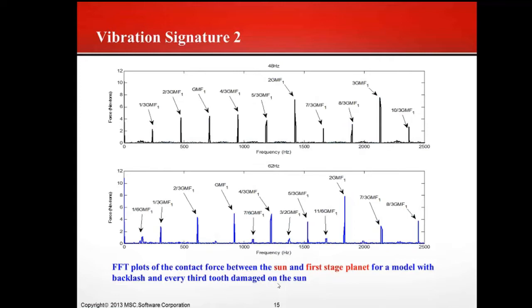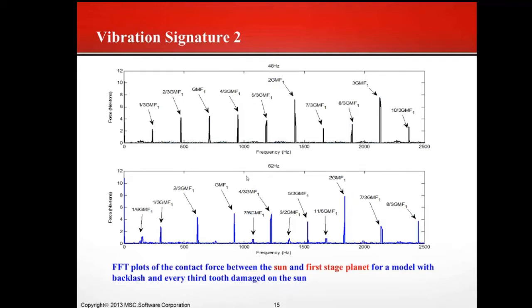The common factor between 18 and 33 is 3. So that's why if only one tooth is damaged, eventually every common-factor tooth will be damaged. That means a total of 6 teeth will be damaged on the sun.